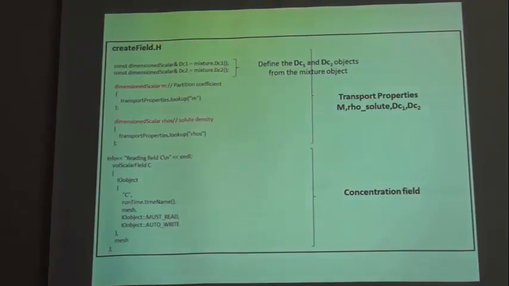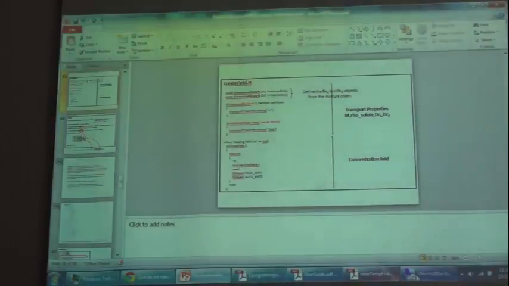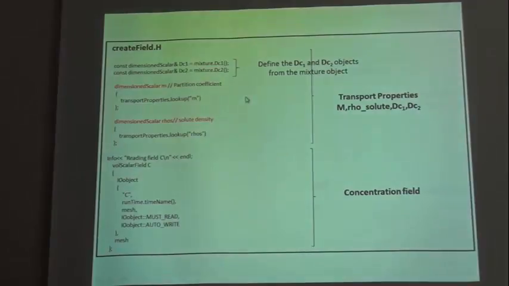Next slide. So coming to the createField.h, you have to basically add three fields. One is for the diffusivities, one is for the partition coefficient, and you also have the density; the mixture density in this case depends on the solute concentration.